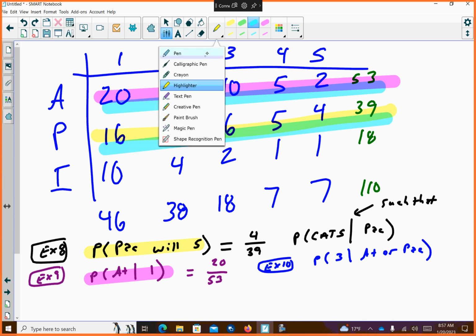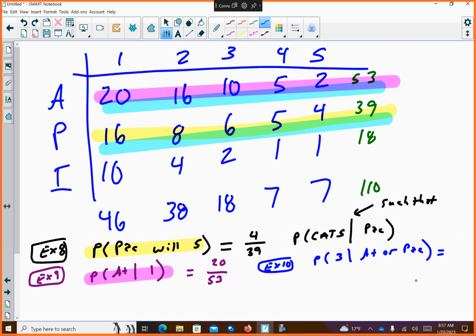We have to think about what's the total there. Well, I have 53 plus 39, which gives me 92. That's my denominator. And then a category 3 in the Atlantic and the Pacific: there's 10 in the Atlantic, 6 in the Pacific. So I have a 16 out of 92 probability that I pick a category 3, such that I'm only selecting the Atlantic or the Pacific.